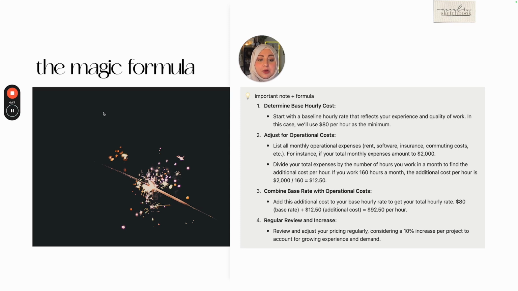And you can adjust it for operational cost. Take whatever number you got on the hourly rate and add it to the baseline. So for example, if your operational cost is $12.5 per hour, you will add it to the baseline cost, and that will give you your hourly rate.